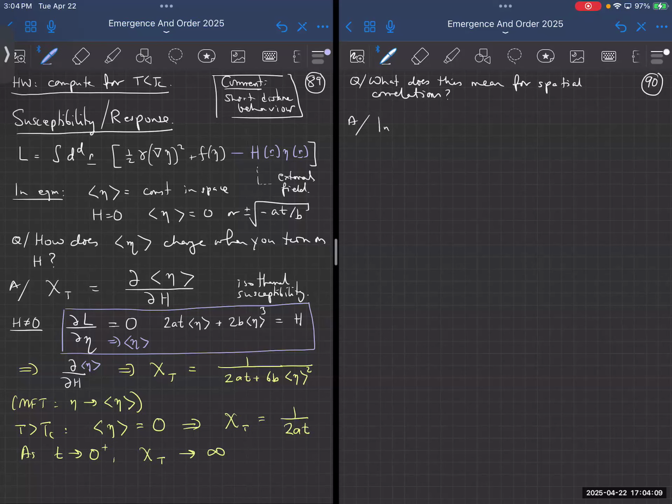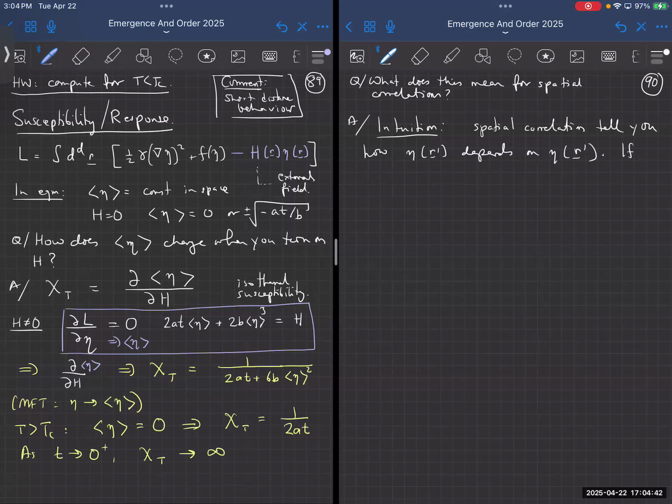So let's think about the intuition that we have. So our intuition is this: what the correlations tell you is how eta of r prime depends on eta of r.